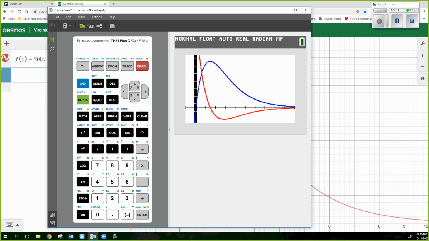That's when the blue graph is increasing. Where the red graph is above the x-axis, it's positive, the blue graph is increasing. And where the red graph is below the x-axis, the blue graph is decreasing.